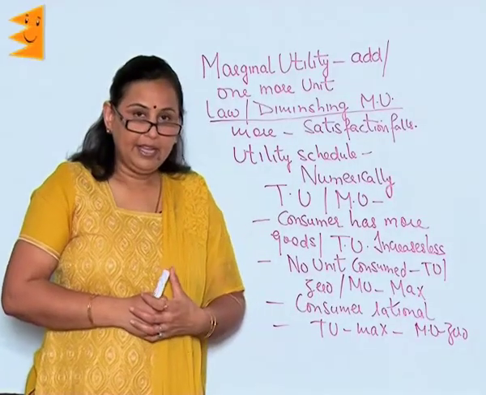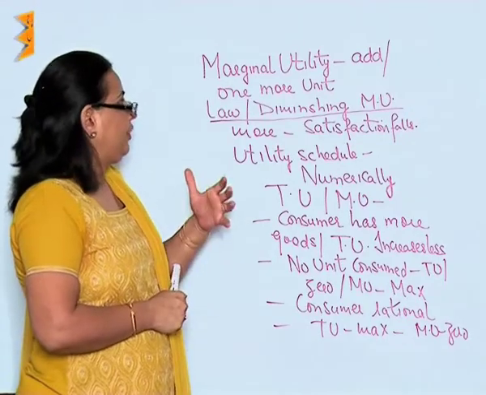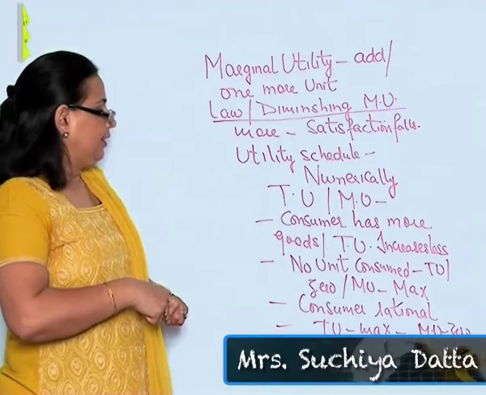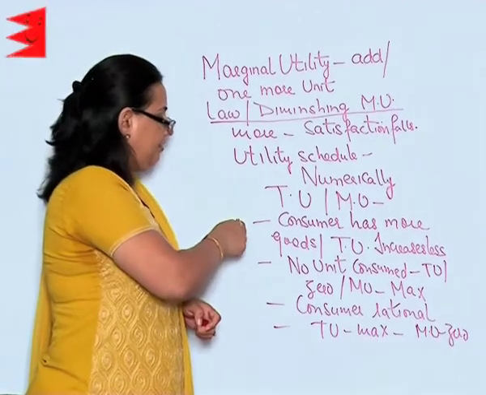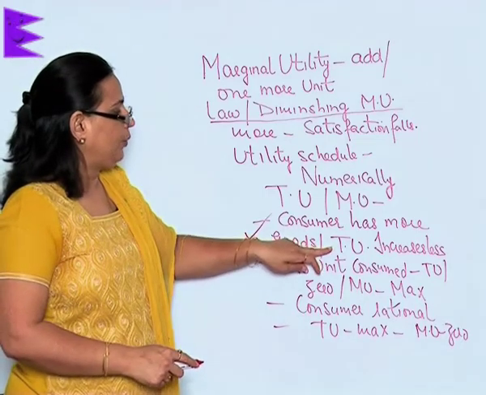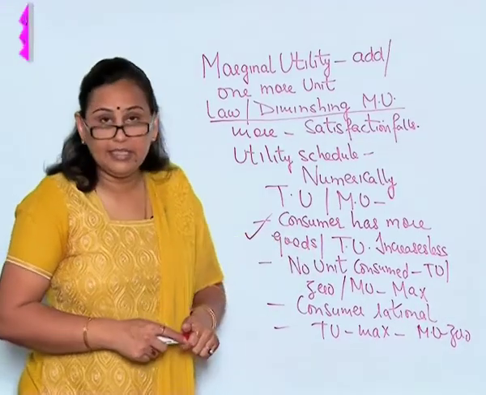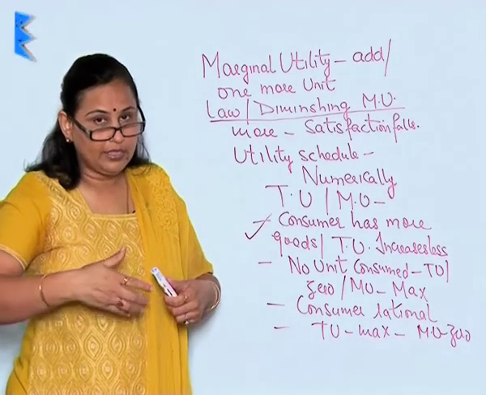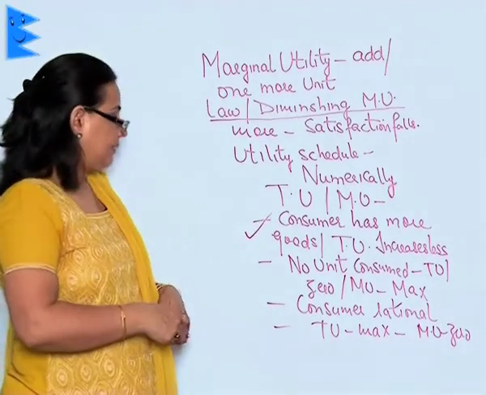Now, let us see the relationship between total utility and marginal utility. The first thing is that when a consumer has more goods, the total utility increases less. As we said, with more goods, the satisfaction becomes less.